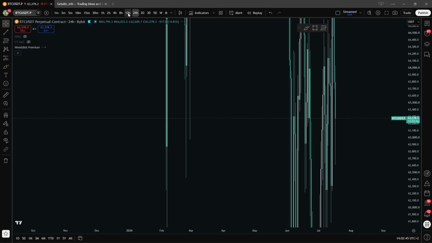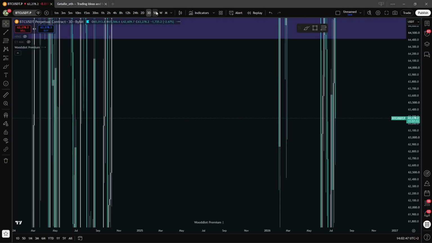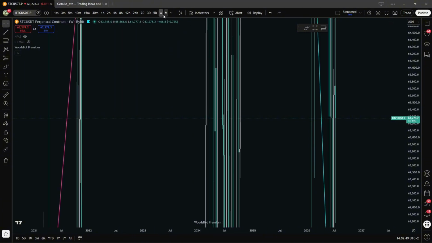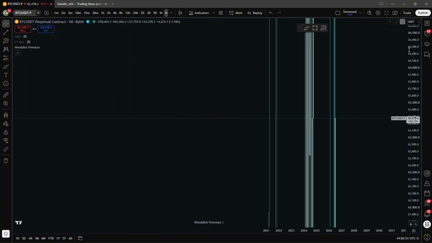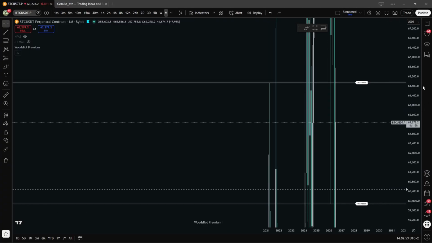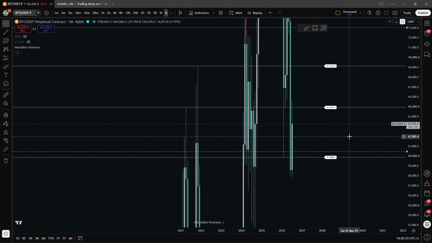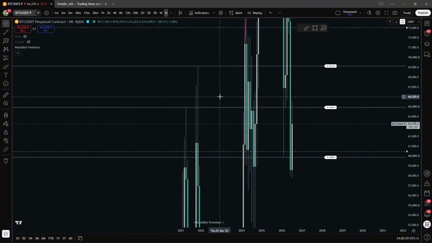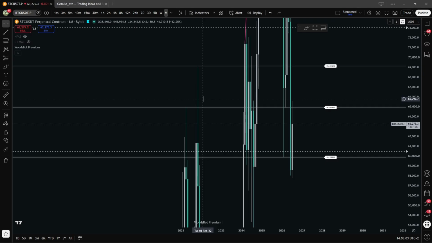Use the daily time frame, use the 12-hour, the 3-day, the 5-day, the weekly, or even the monthly. So if you don't have a lot of time, make sure to stick to the higher time frame. I would consider higher time frame everything above the daily. The daily is also a bit of a higher time frame, at least in crypto it is.